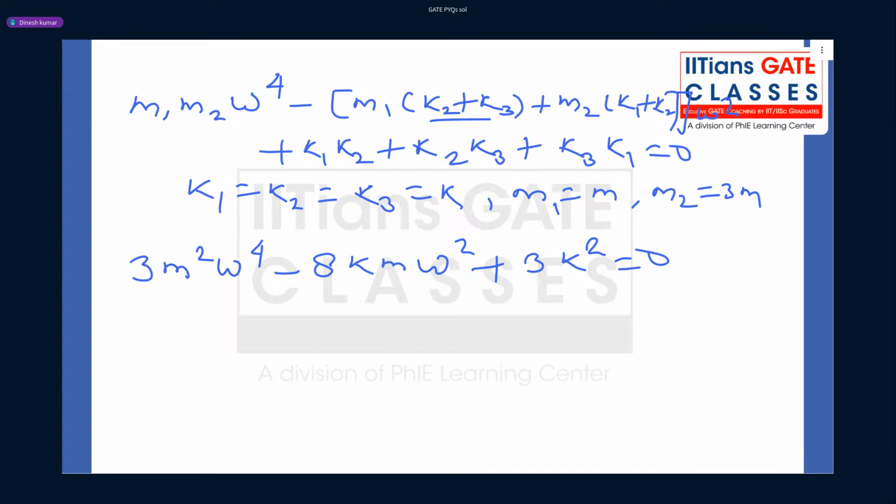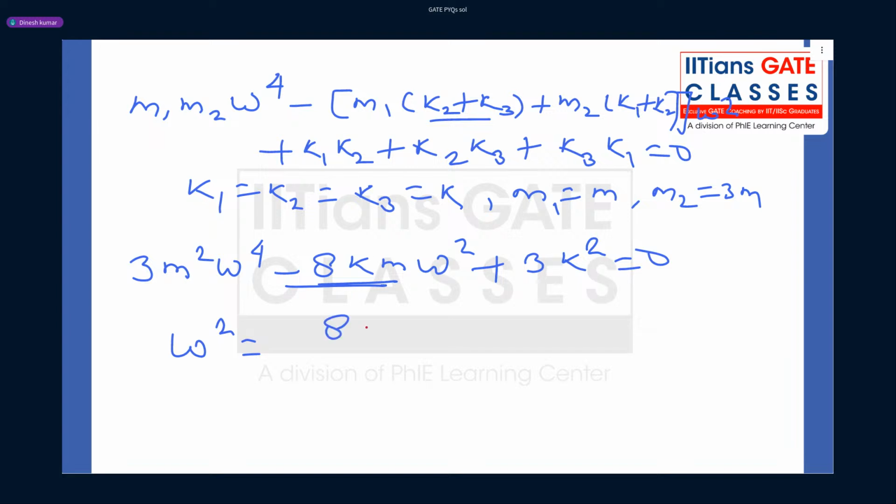Now guys, using Sridharacharya's formula, the quadratic equation solution, what you find? Your omega square will be minus b plus minus under root b square minus 4ac by 2a. So minus b: b is 8km, and it is minus, so minus minus becomes plus.